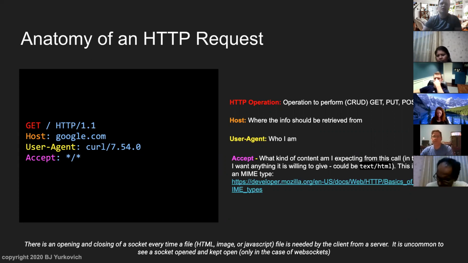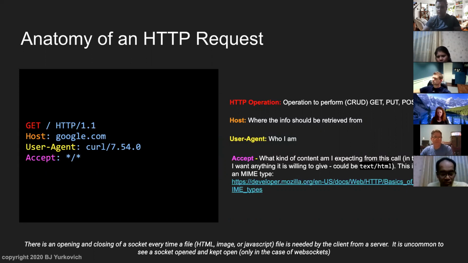Inside of that is the host, and that is basically your URL, right? Or your IP address. User agent, which most things follow, some things don't. You can do user agent spoofing. We'll talk about that in a bit. And then an accept, what the client is willing to accept in terms of format.